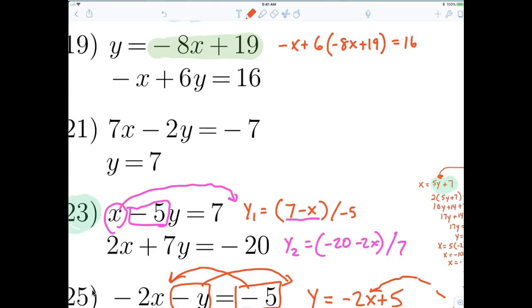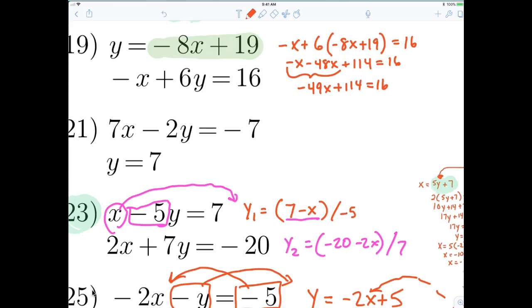Distribute. Negative x minus 48x plus, what is that? 114 equals 16. Is everybody happy with that? Now, some are on the same side. So, negative 8x minus 48x. Negative 49x plus 114 equals 16. Agreed?